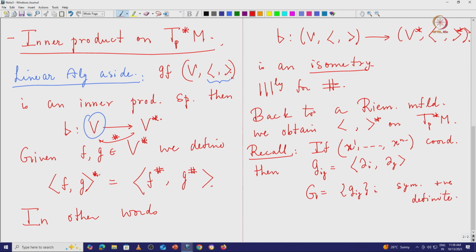Okay. Now I can do the same for the dual basis on the cotangent bundle.